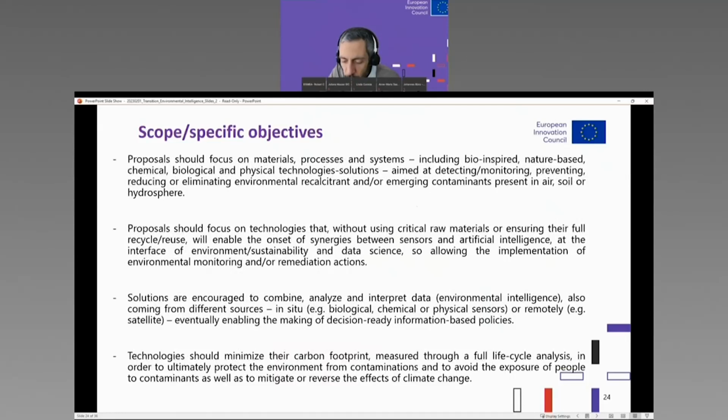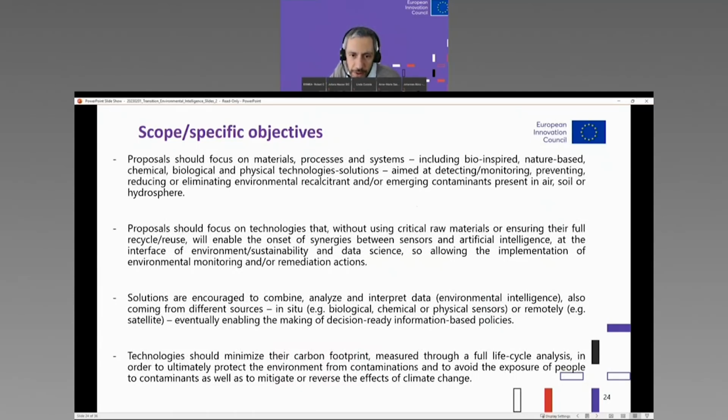And as I said before, we want this kind of technologies to monitor the status of the different ecosystems in order to prevent, reduce, or eliminate the different kinds of recalcitrant or emerging contaminants or pollutants. And they can be present in air, in soil, or in the hydrosphere.